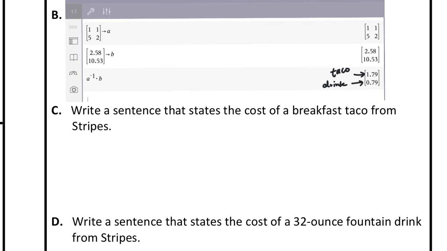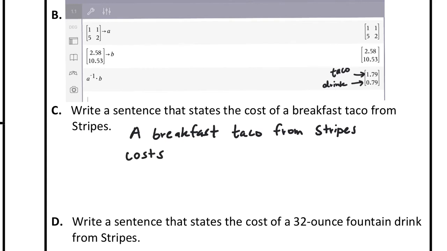So we're just going to say a breakfast taco from Stripes costs $1.79.